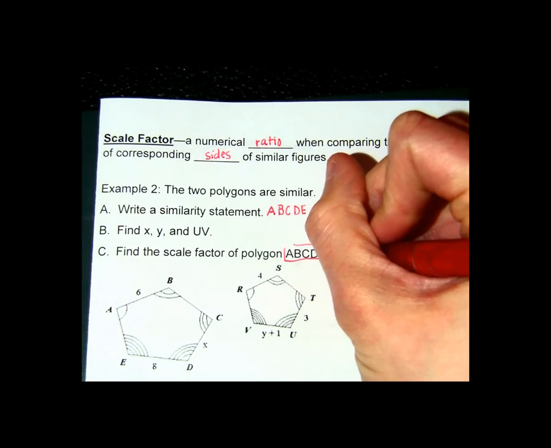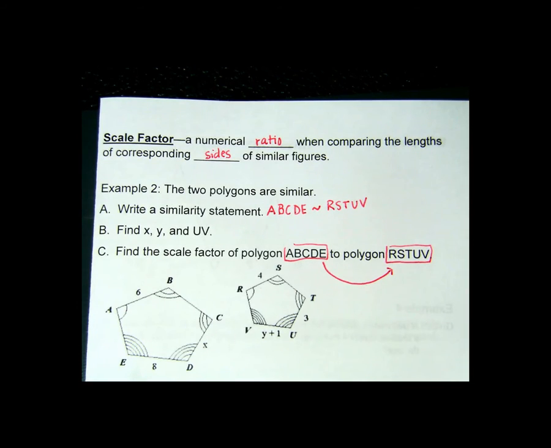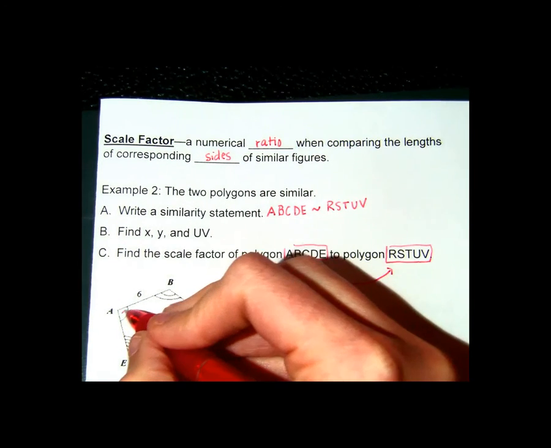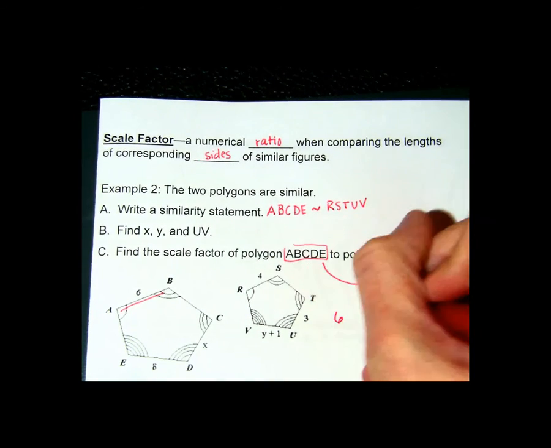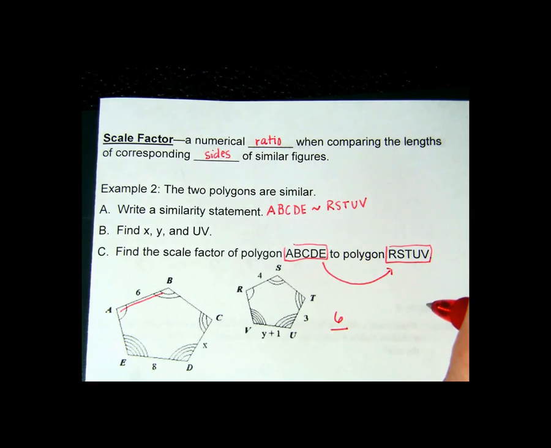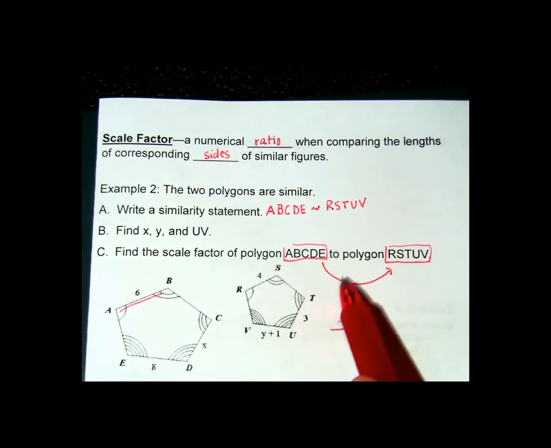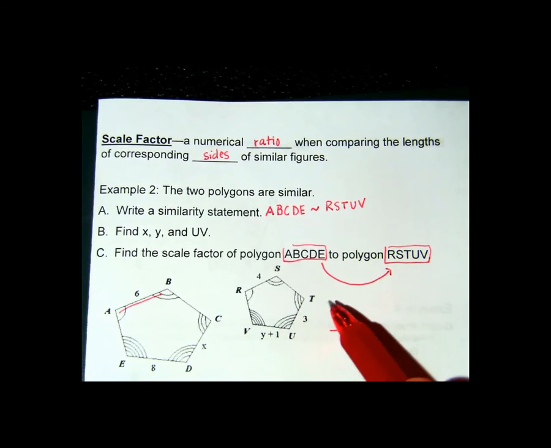That means we're going from the larger one to the smaller one. Larger to smaller means we are going to have a number bigger than 1. So the larger number, let's look at this side specifically, 6 over the smaller number, I said that backwards. We are going to go from larger to smaller, which means we should have a number that is less than 1, not larger than 1.